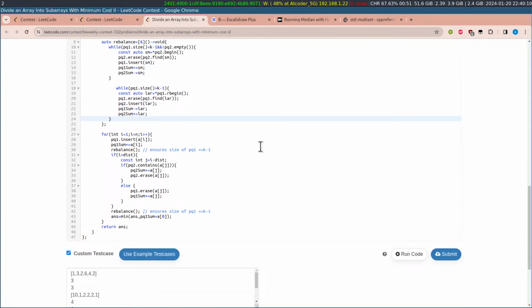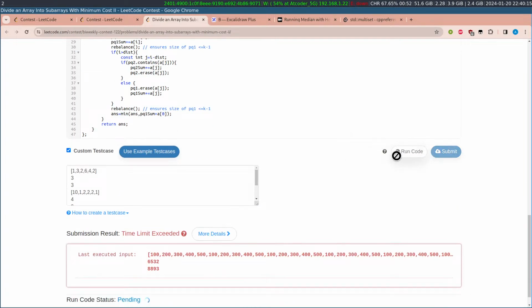If you have solved finding the median using two priority queues, this one would have been easier.